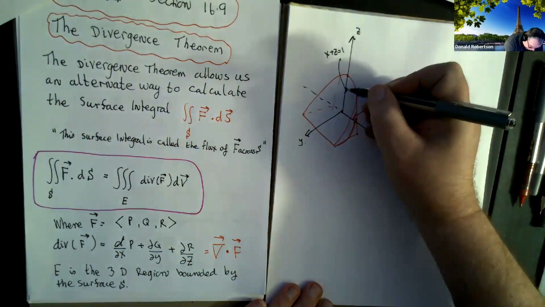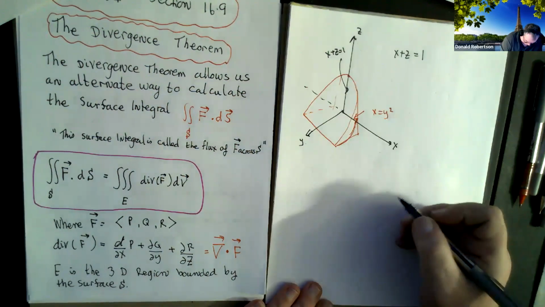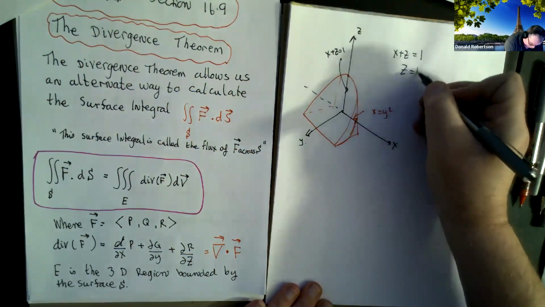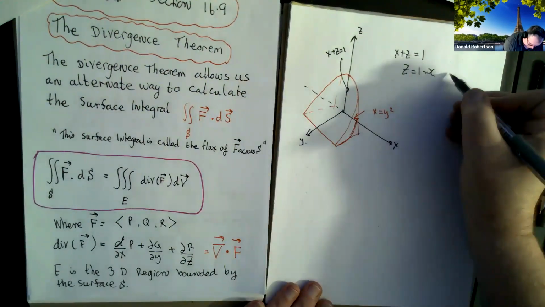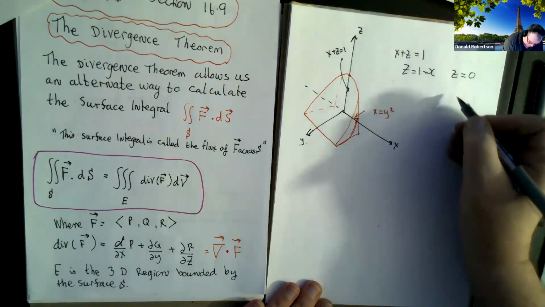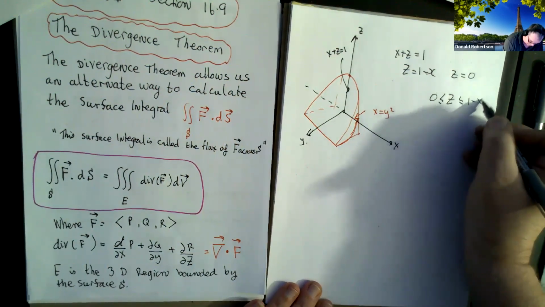I'm going to focus on the z's. Well, if x plus z equals 1, then that makes z 1 take away x. And since the shape finishes on the floor, that makes z equals 0. So I now have my limits of integration for z.